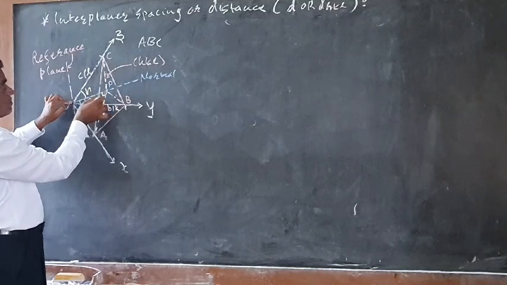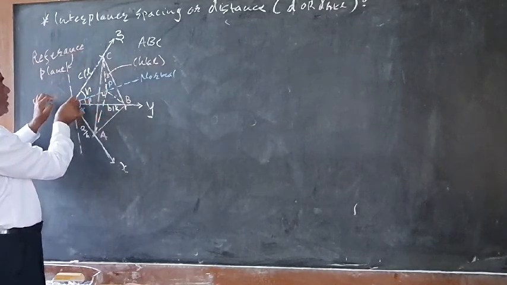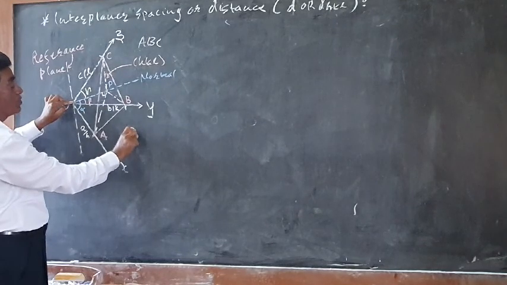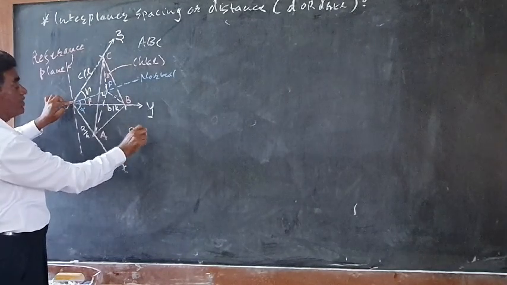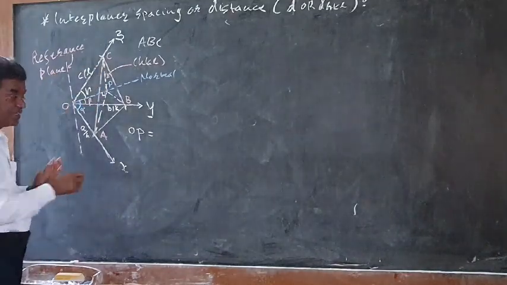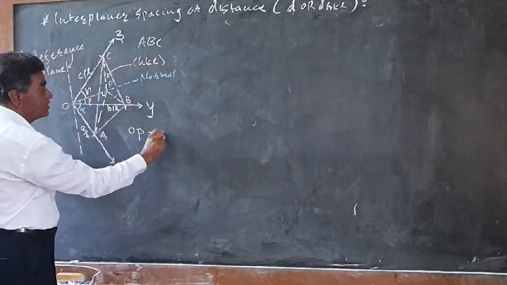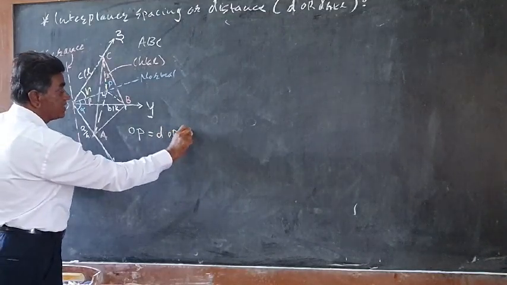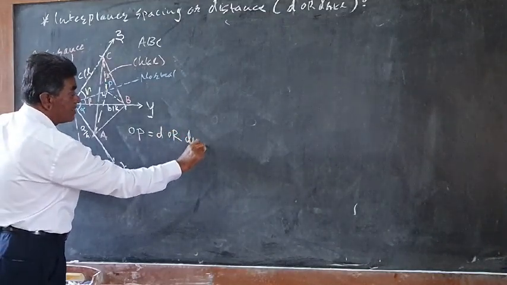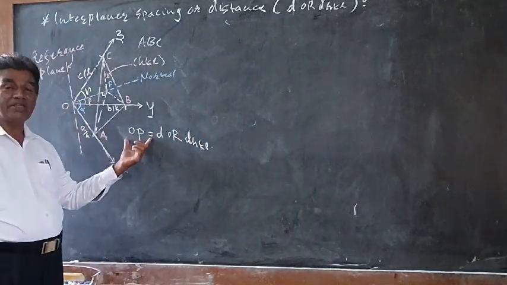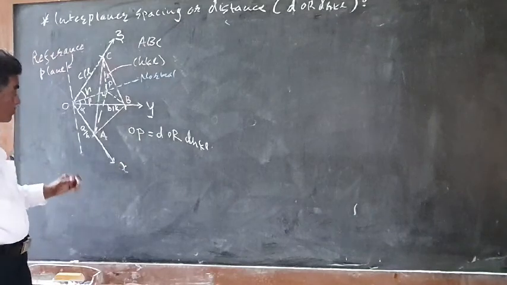The length of this normal OP gives the perpendicular distance between successive parallel planes, which is the interplanar spacing d or d_hkl. So now we have to derive this OP, or d_hkl.